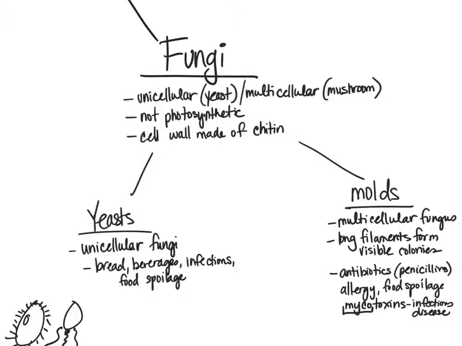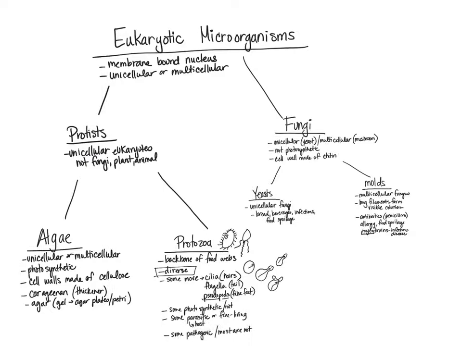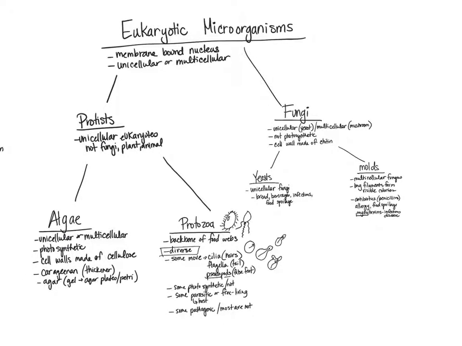All right, so those are the two categories of fungi. Here we'll zoom out again before we move into our next group. We've taken eukaryotic microorganisms, separated into protists and fungi, and then separated those further. Now we're going to cover the last eukaryotic microorganism group. Again, remember we're talking about microorganisms here. That means we're not including big animals like humans or tigers or bears, and we're also not including some of the larger plants.